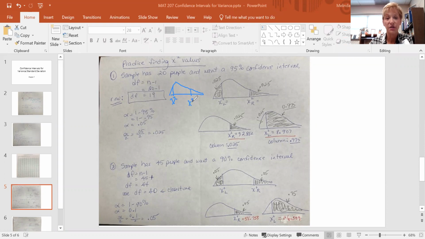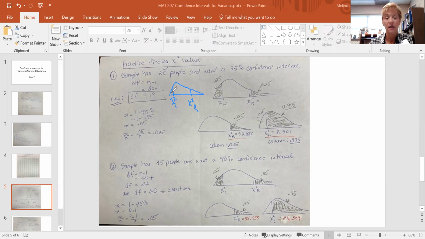So you've got 2 chi-squared values. They very creatively named this one L for the one on the left and this one R for the one on the right. So that's why I've got a chi-squared left and a chi-squared right. So the first thing you do is you just draw this generic picture.